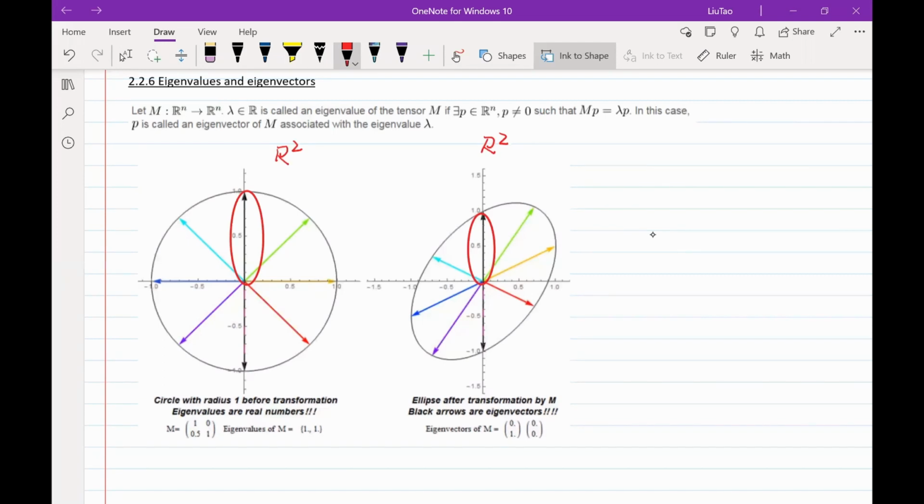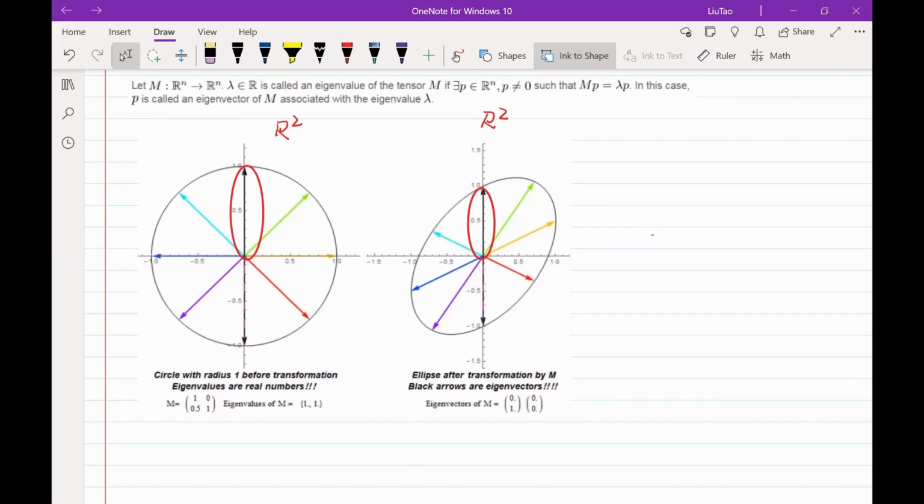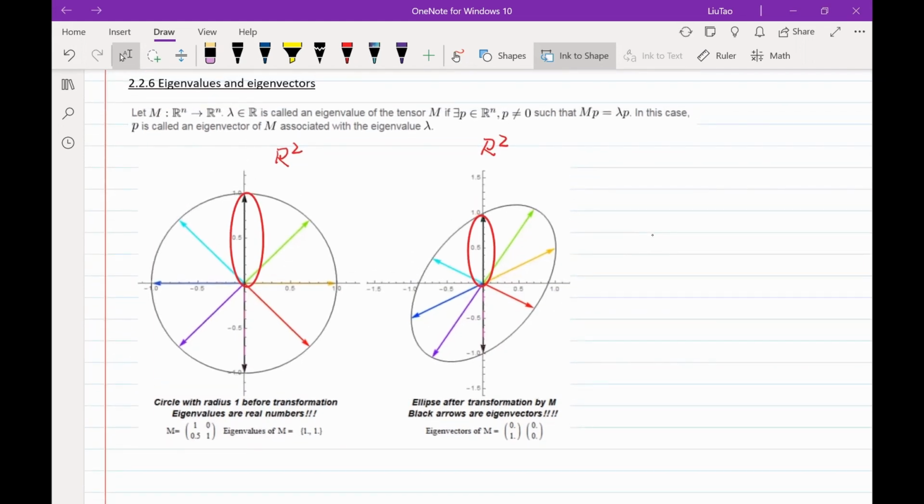So this vector is our eigenvector. And every eigenvector is always associated with an eigenvalue. If we look at this formula, it represents how much we stretch this vector, because it's a scalar.